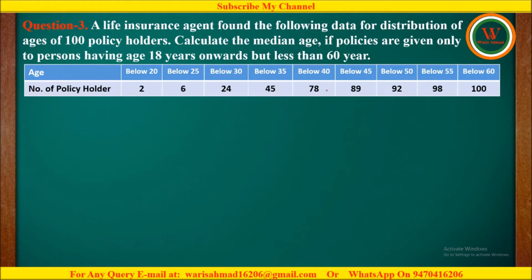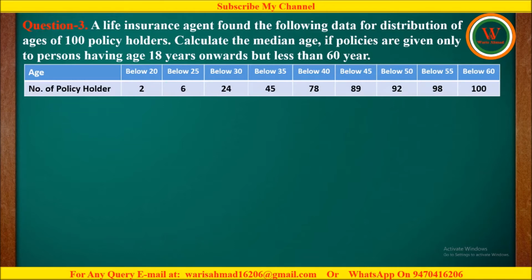So first of all, we have to convert the given data into the form of a frequency distribution table with class intervals. Here we can observe that age is given as below 20, below 25, below 30, below 35, below 40, and so on. So we must convert this into the form of class intervals.